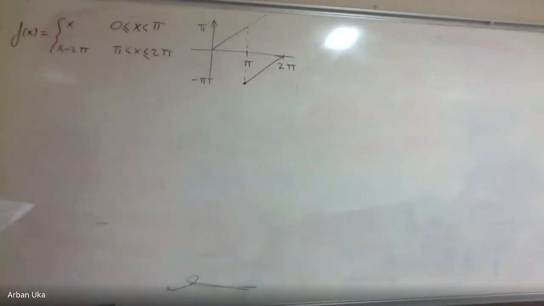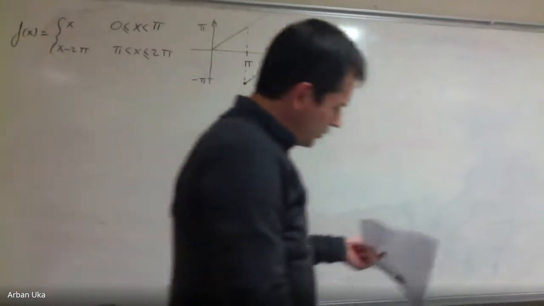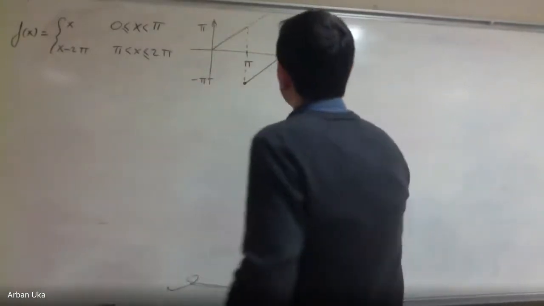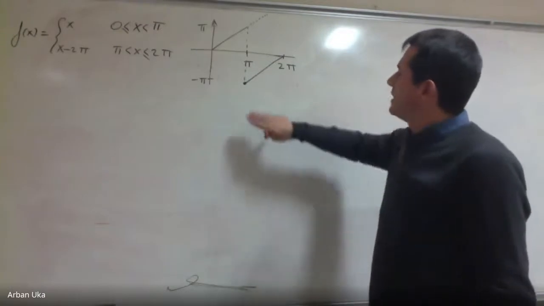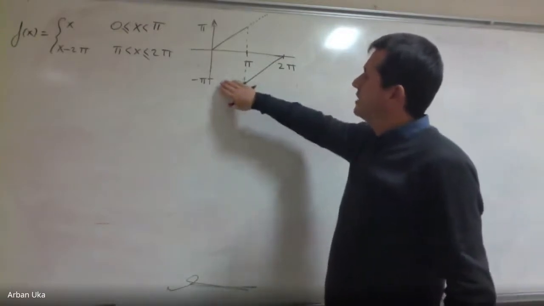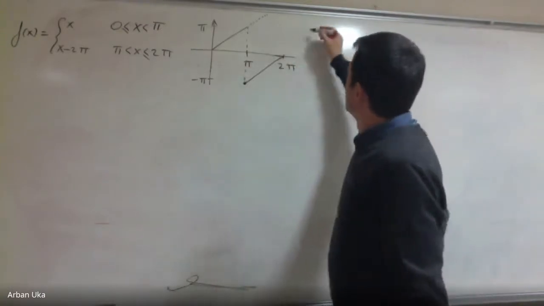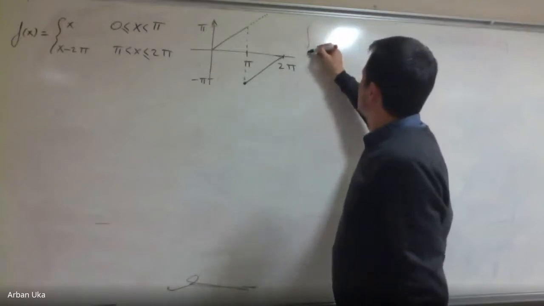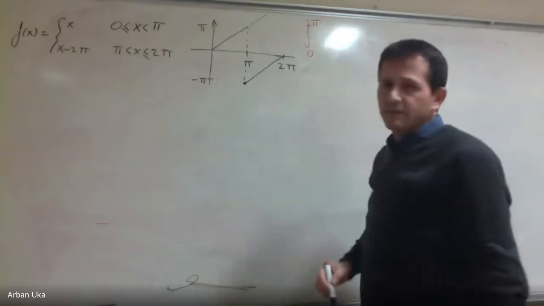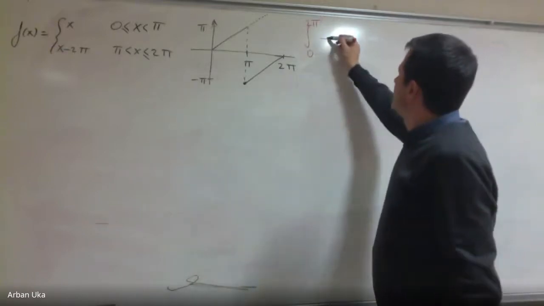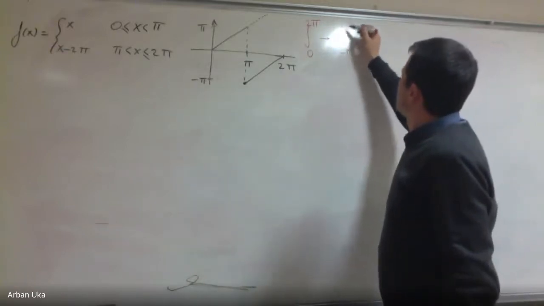Now, we want to express this function, we want to find the Fourier series expansion. In order to do this, often it is better if we define the range, I can write it like this. Instead of having to integrate from 0 to 2 pi, often it is easier to integrate from minus pi to pi.